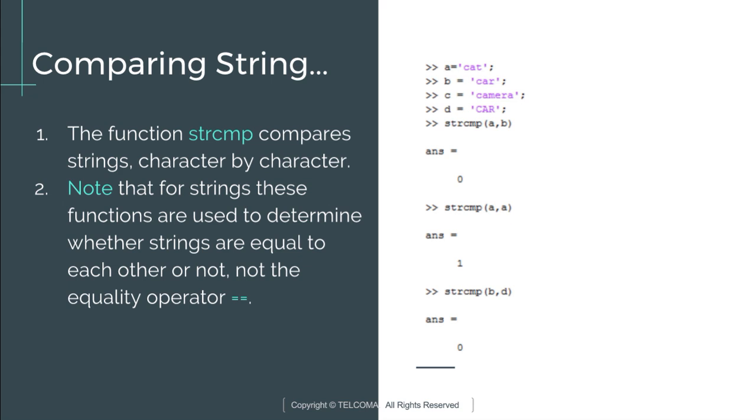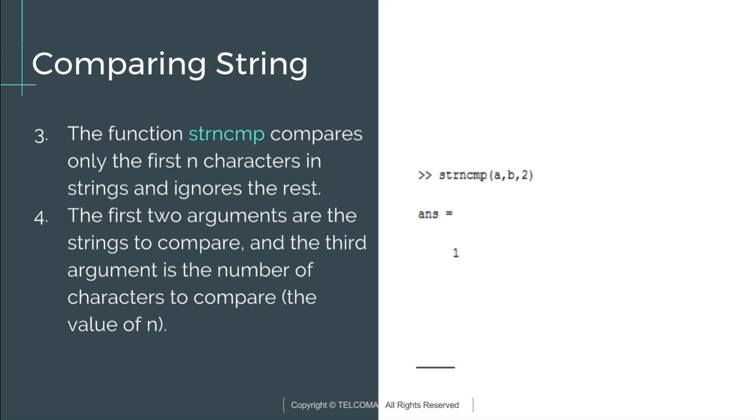Next is comparing strings. The function strcmp compares the strings character by character. Note one thing, that for strings, these functions are used to determine whether strings are equal to each other or not, not the equality operator. The function strncmp compares only the first n characters in the string and ignores the rest.